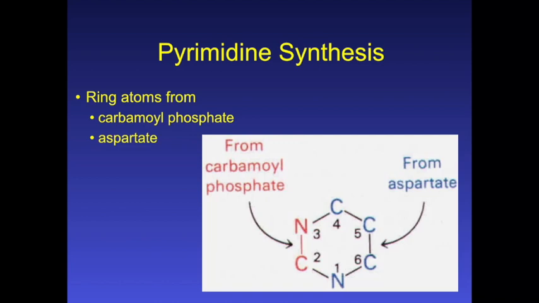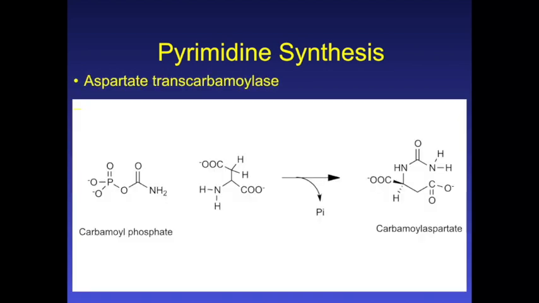And so it looks simpler. Things that look simpler, always simpler? Not always. All right. So carbamoyl phosphate and the aspartate will react. And that looks a little complicated, doesn't it? But it really isn't that complicated. All right? It's just twisted around a little bit.